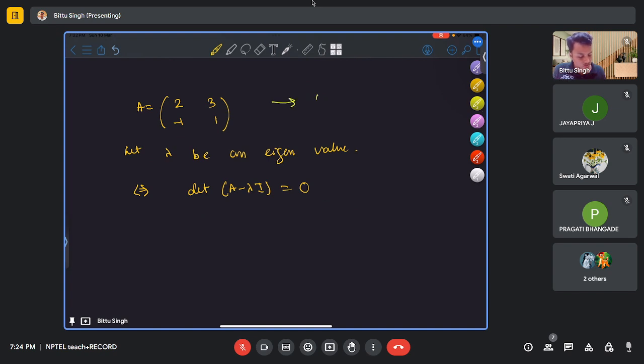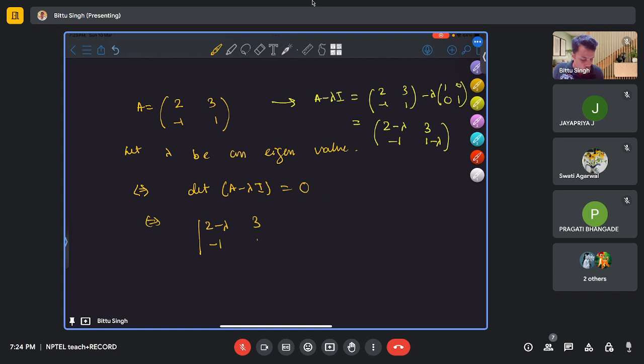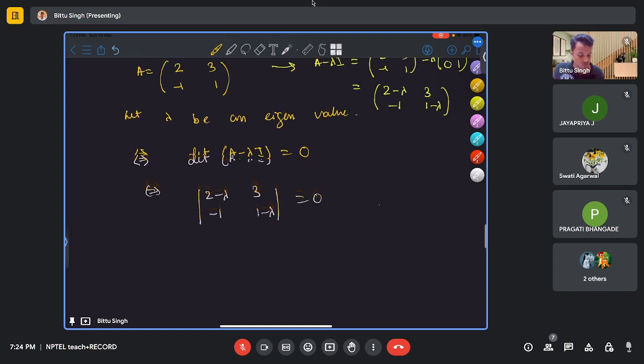From here you can see that A minus lambda I is the same as the matrix 2, 3, minus 1, 1 minus lambda times the identity matrix. So this is actually 2 minus lambda and 3 here, minus 1 here and 1 minus lambda. So you need to subtract from the diagonal. So this is the same as the determinant of the matrix with rows (2 minus lambda, 3) and (minus 1, 1 minus lambda), and this determinant is 0.